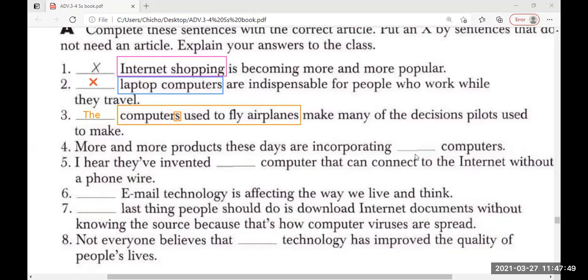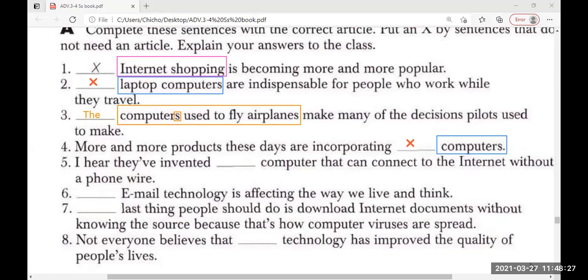Without article. Why? Because I think that the sentence talks about things in general. In general, we are not talking about a specific computer like in this sentence. In this one, we are talking about a specific computer or specific type of computer, the ones that are used to fly airplanes. But in this situation, we don't specify, right? No estamos especificando qué tipos de computadora. Entonces, por esa razón, no utilizamos artículos, ¿ok?